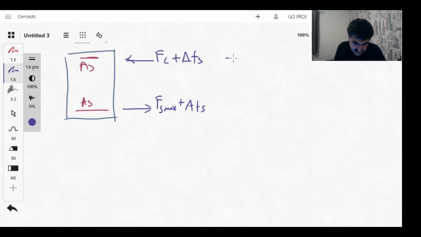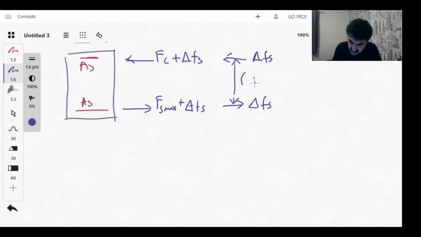Basically I am adding two forces in different directions. These forces are the same, this delta Fs and this one delta Fs as well. So easily I can calculate the moment that can be carried by this.